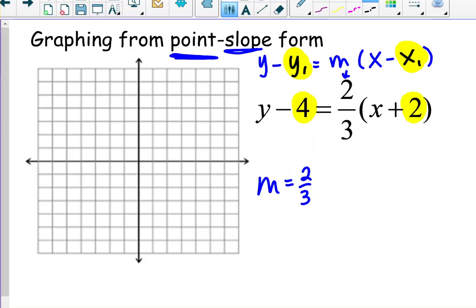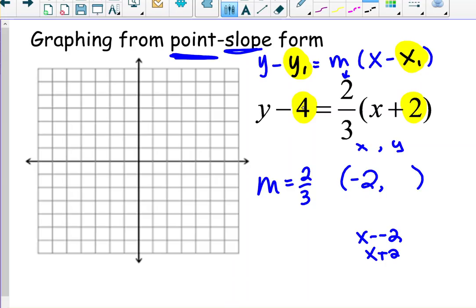So for the coordinate point, we always have an x and a y. X goes first. If I see a positive 2, that means the coordinate point is really negative 2, because in my formula, it's x minus my x value.